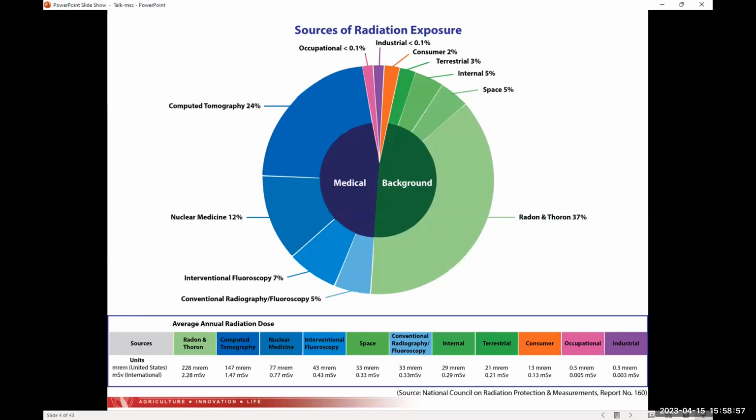This is from the NCRP report 160. So the average annual exposure from CT is around 1.47 millisievert, which is the second largest source of exposure to the population.